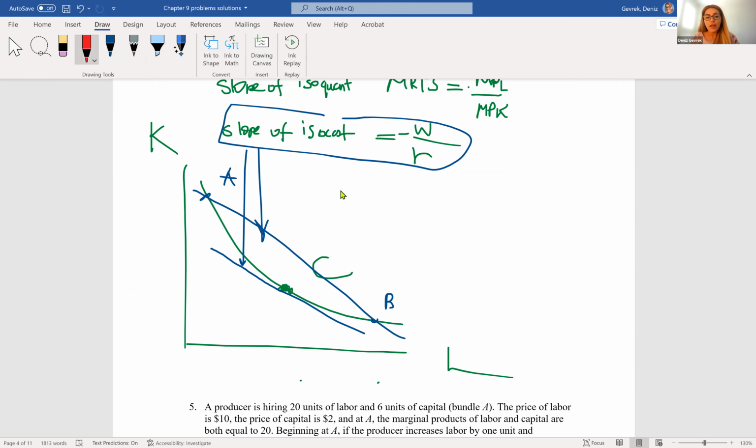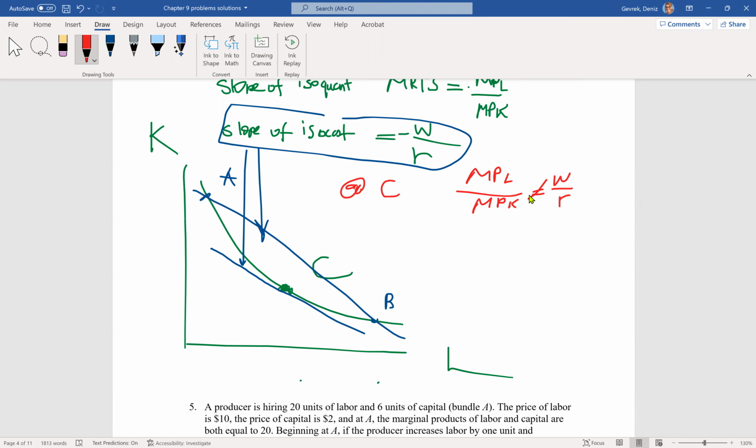Okay, so at point C, what you have is the marginal rate of technical substitution exactly equal to the rental rate ratio. And what we did here, this is what you're asking. Was it you, Megan, who asked, or Kate? Doesn't matter.